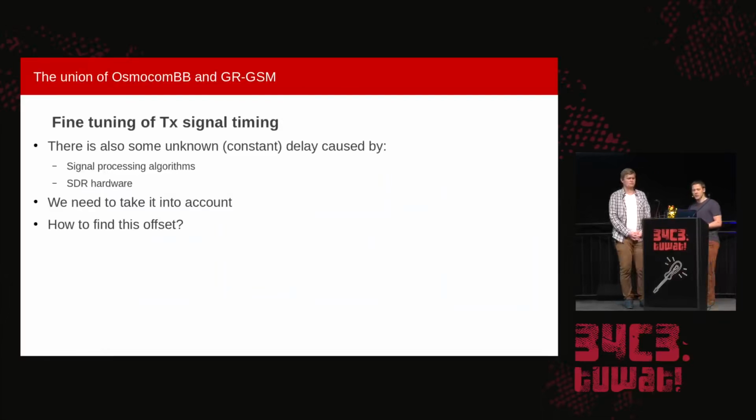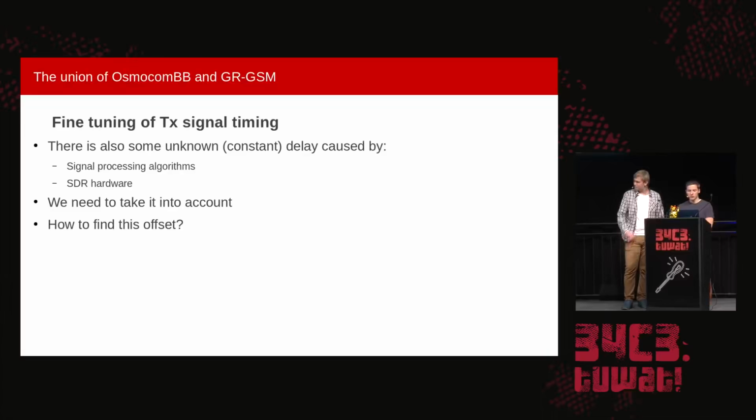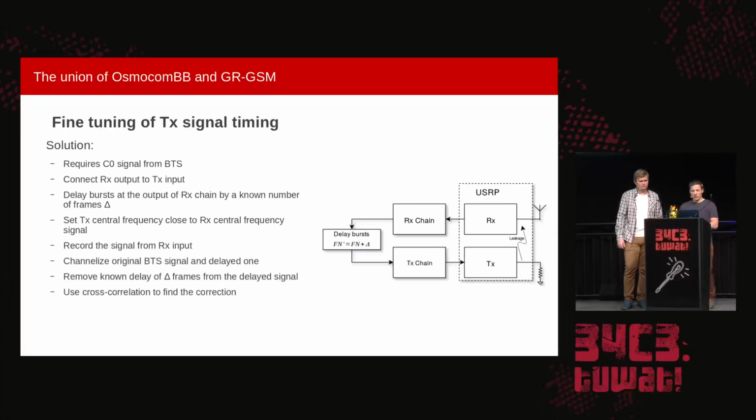After finishing this task, we still had some unknown but constant delay caused mainly by signal processing algorithms like, for example, low-pass filtering, and also by the SDR hardware. So we needed to take it into account, and how we did this is here.